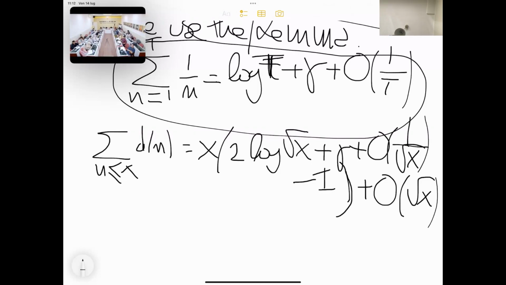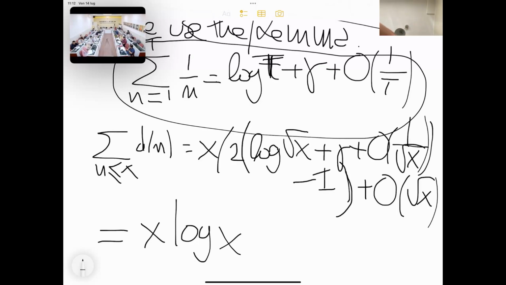Okay, now I can just write this as, log of square root of x is 1/2 log x. So it's x log x. Oh, sorry, I also have another bracket here.